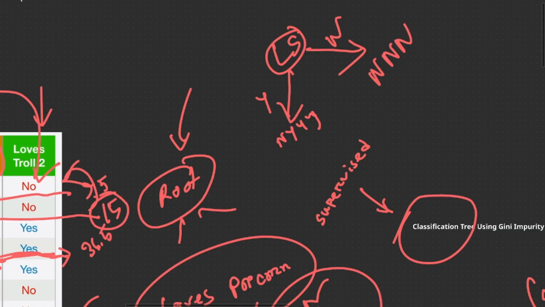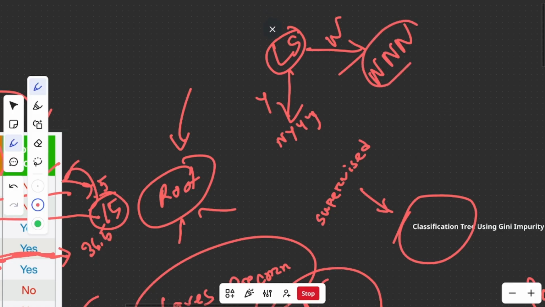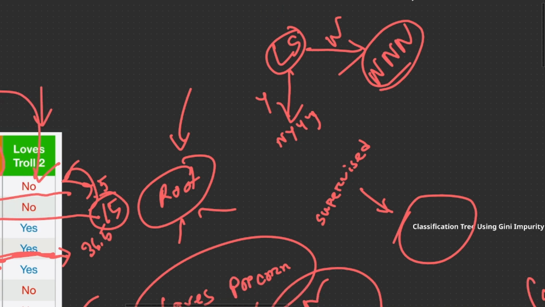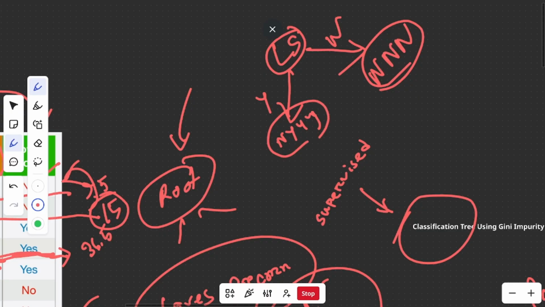Now we will decide whether we have to split it further or not. Here you can see there is no impurity, so we don't need to split here, but here there is impurity, so we have to split further.